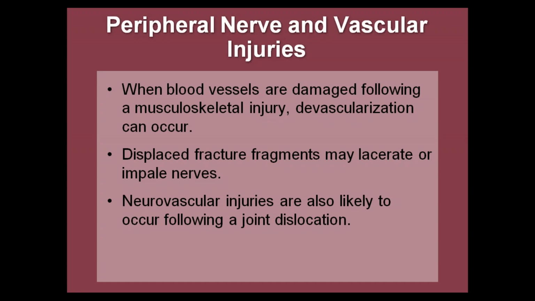As the joint dislocates, it can pinch a nerve or damage the nerves in that area, or even the vasculature in that area. It's important to assess and reassess the pulse, control bleeding, and maintain adequate intravascular volume.